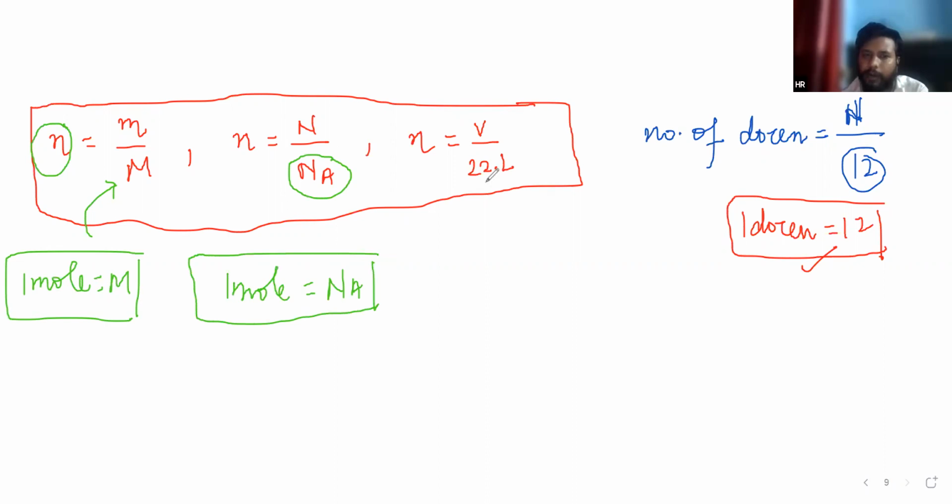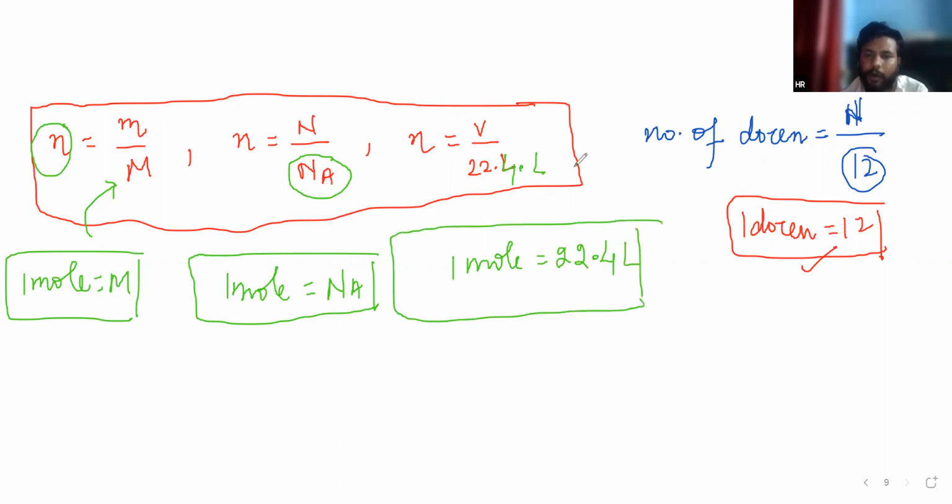And if you are dividing by 22.4 liter, that means 1 mole is also equal to 22.4 liter. We often call 22.4 liter the molar volume, that means volume of 1 mole. Molar mass, molar volume, molar number of particles. 1 mole Avogadro number, you already know it.